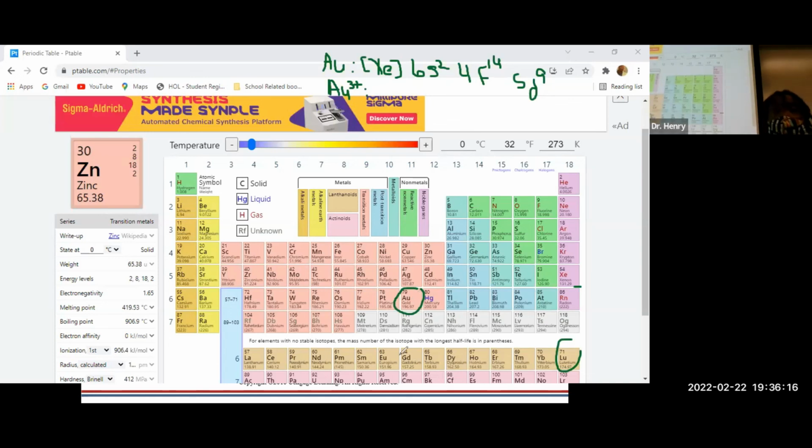Okay, so the ion, what would that be? Xe 4f14, because we're taking away the 6s2, and then 5d8. That's right.